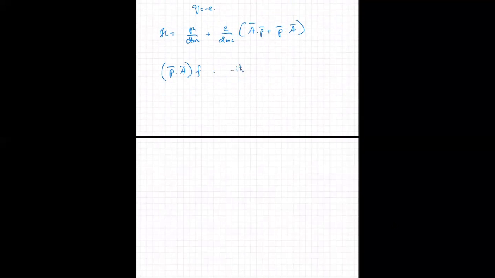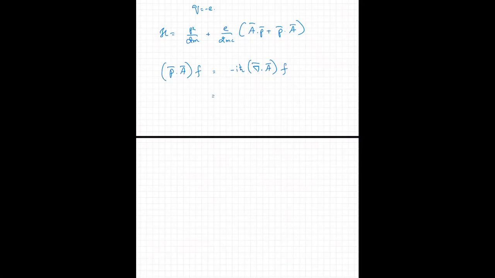So this is minus i h bar del dot A f. Okay. Now, of course, we should not be hasty and claim that this is equal to 0 in the Coulomb gauge, because there are actually two different pieces hiding here. The del acts on both the A and the f, right?